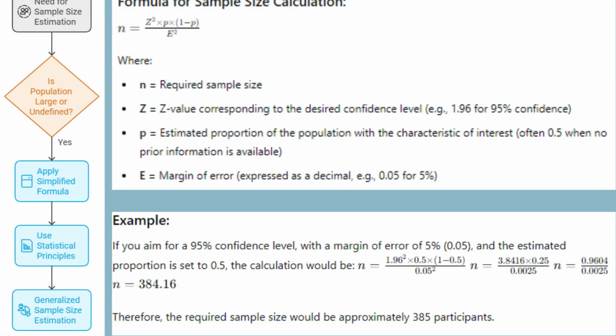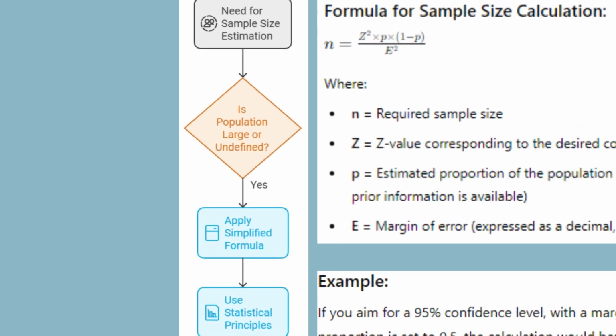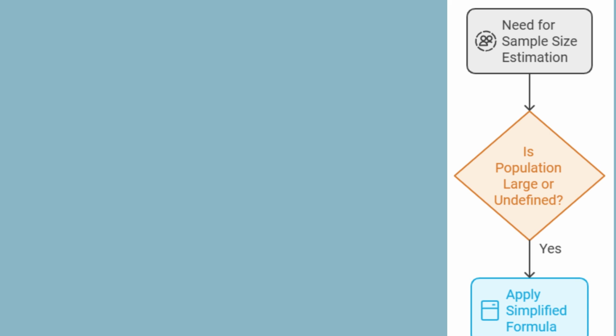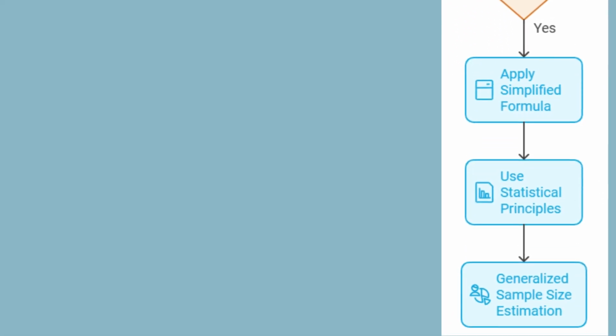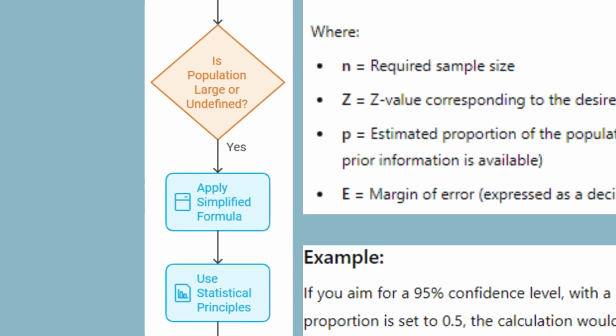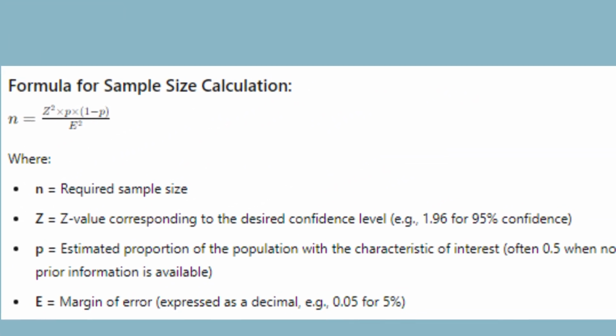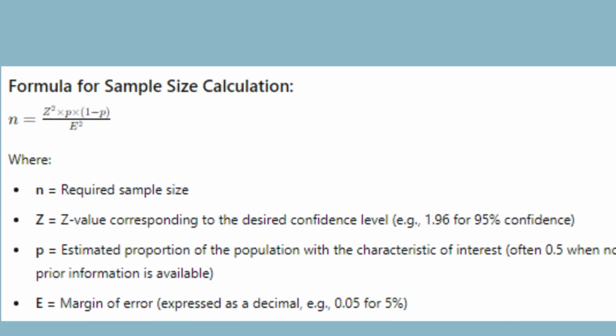When the population size is large or undefined, the general approach to sample size estimation involves using a simplified formula that does not rely on the total population size. This is typically done by applying statistical principles, assuming a large population, which allows for a more generalized estimation.